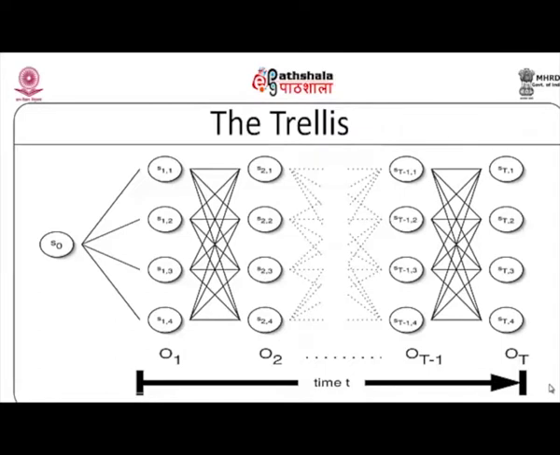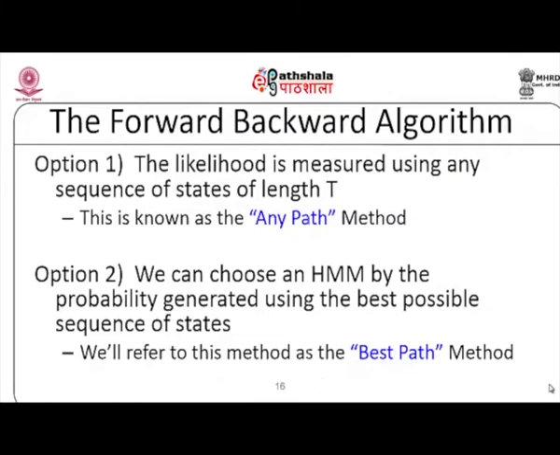Then from S11 you can go to S22, or any of the other 4, at observation time T2, and so on, and finally you land up at ST1, ST2 and so on. So, this is just to tell you that you have a state associated with each of the observation points, O1, O2 to OT. So, this is the trellis, and we will talk now about the forward backward algorithm.